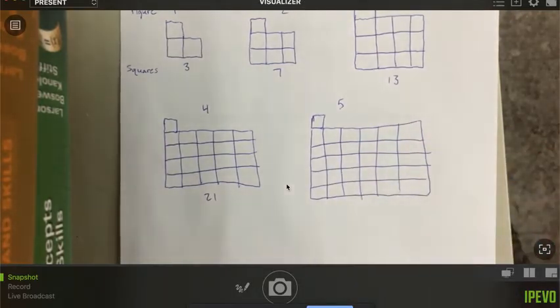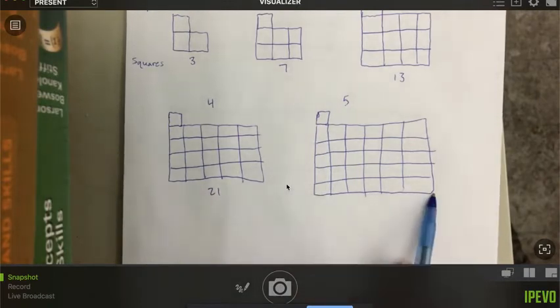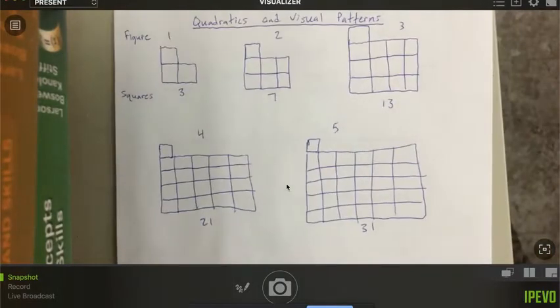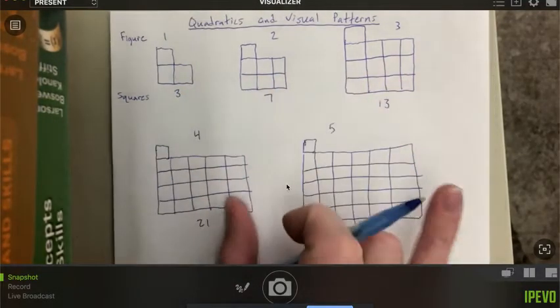All right, and so now if it's a 5 by 6, that's going to be 30 plus 1 extra. That'll be 31 squares. All right, so now we've talked about, here are our initial 3. Keep the pattern going. Here's 4 and 5.